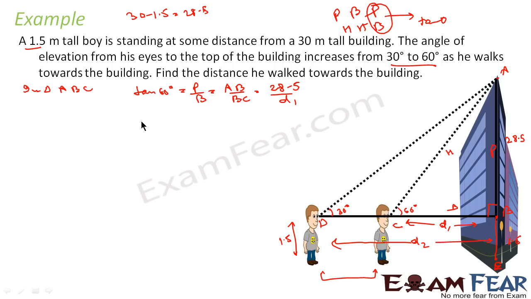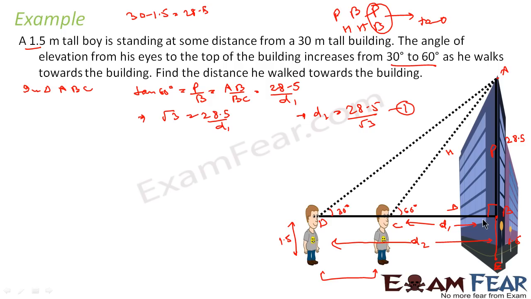Tan 60 is root 3, so root 3 is equal to 28.5 by D1. From this we get D1 is equal to 28.5 by root 3. This is equation number 1.